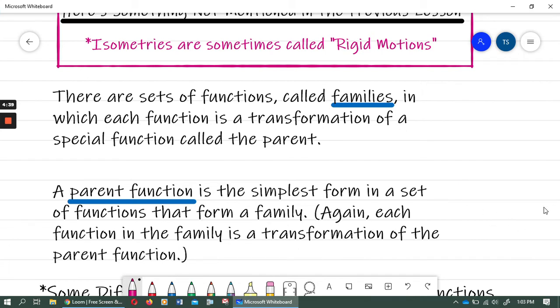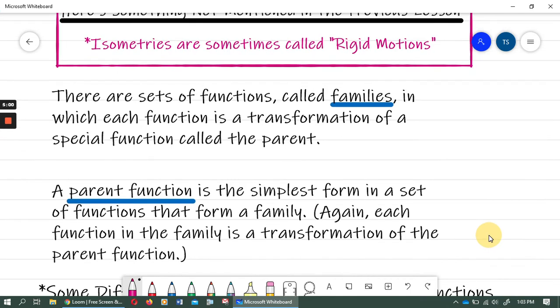It's the same way when we're talking about mathematical functions. When we have a family of functions, all of those functions in that family are going to be transformations of that parent function. In other words, they're going to somewhat resemble that parent function. But again, there'll be some type of transformation of that.